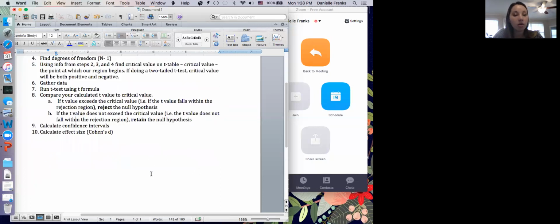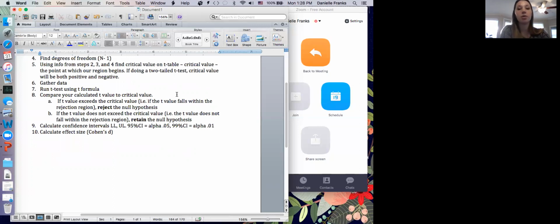After that, we're going to calculate our confidence intervals. Remember, this is our lower limit and upper limit. And remember that 95% confidence intervals are associated with an alpha level of 0.05, and 99% confidence intervals are associated with 0.01.